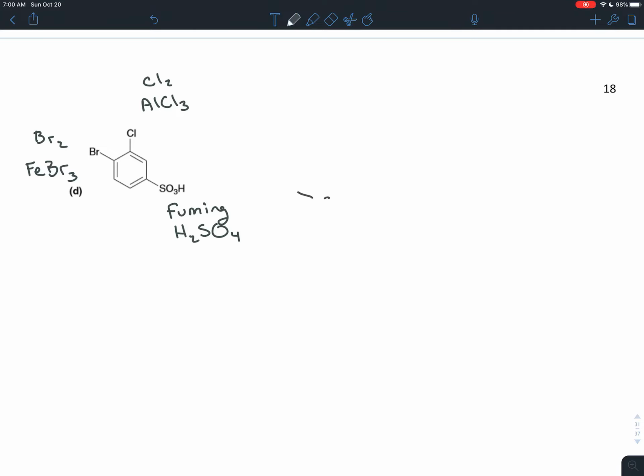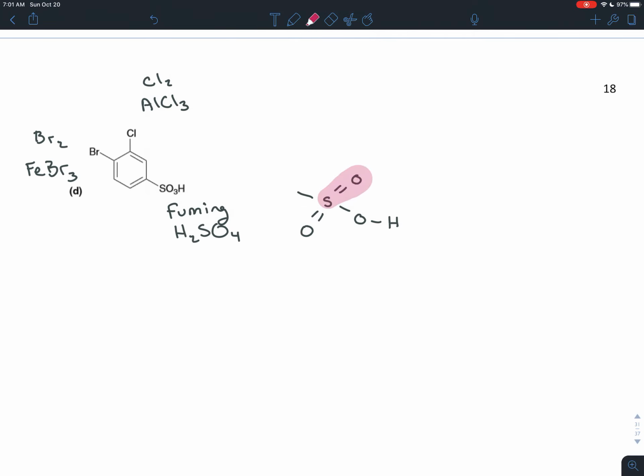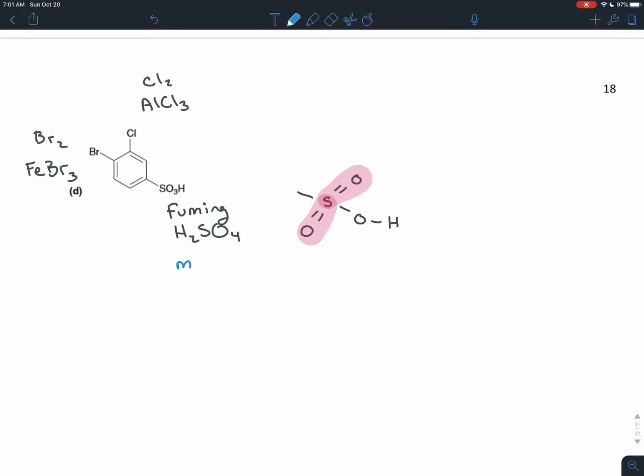Remember that the SO3H looks like this. So you have those pi bonds to electronegative atoms on the benzylic position, which makes this a moderate deactivator and a meta director.